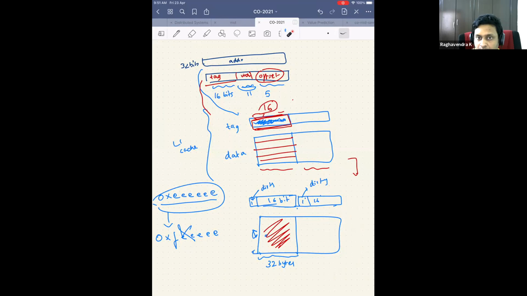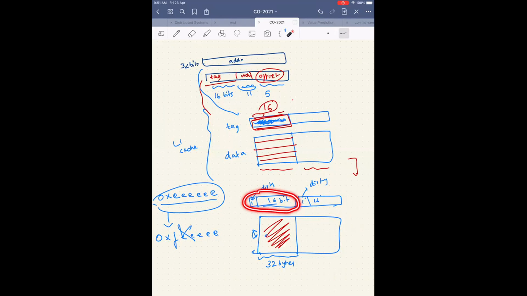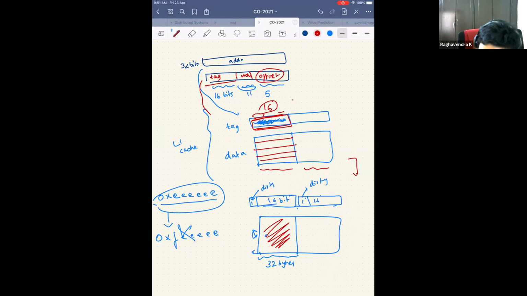Okay, so now, how many bits are there as part of the tag? 17 bits. Okay. Let's say I am a crazy guy. I have come up with an excellent replacement policy, and that replacement policy is using, say, 64 bits to remember what is the least recently used block.